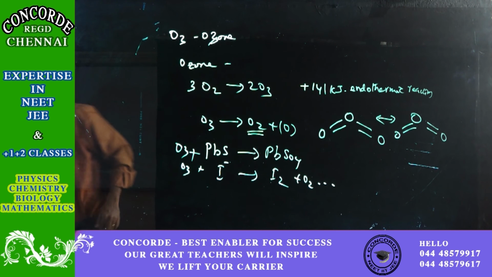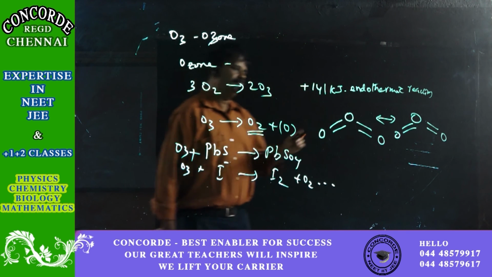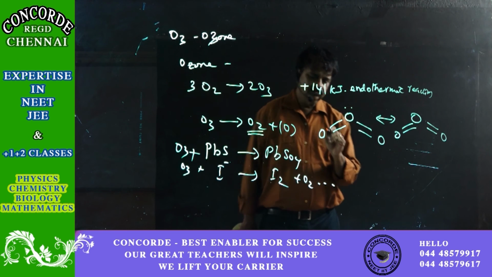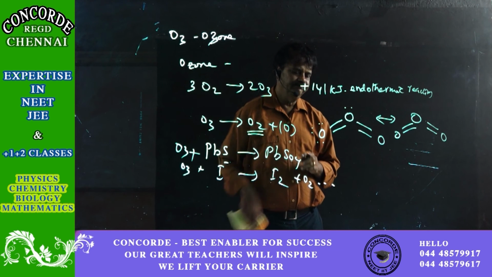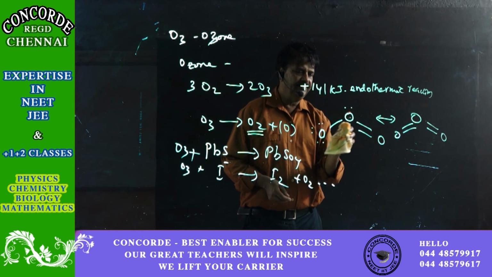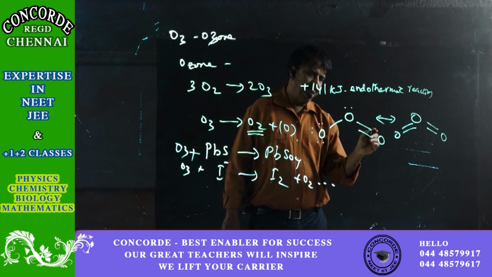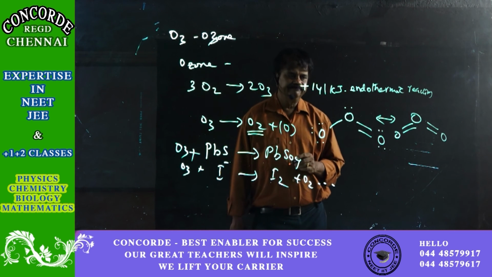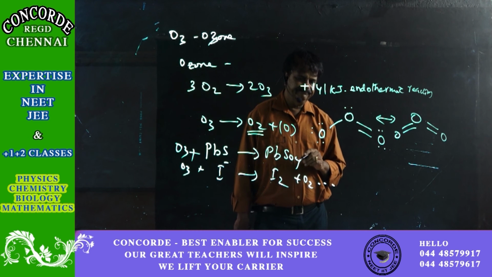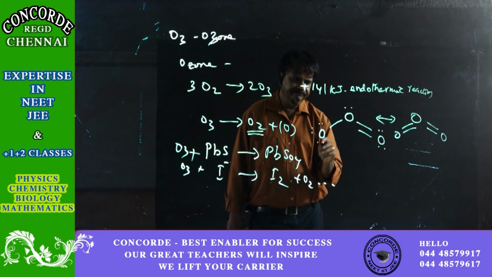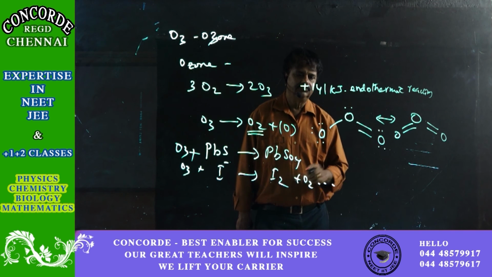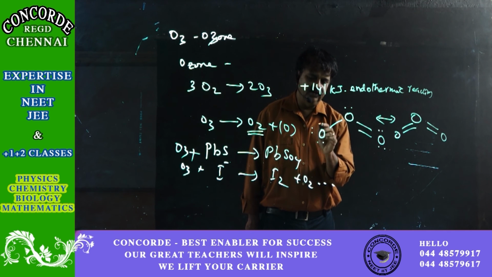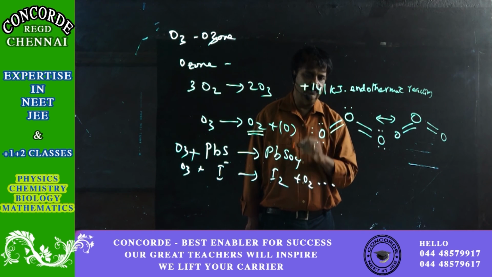Here one oxygen has 6 electrons and the other has 4, so a double bond is formed here, and there is another double bond on the other side.